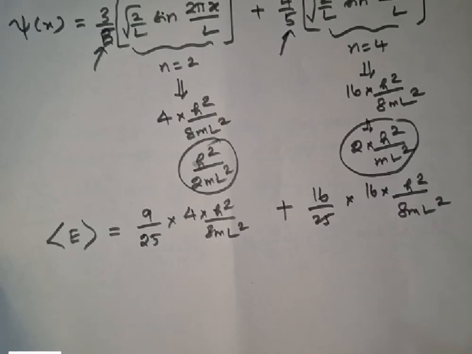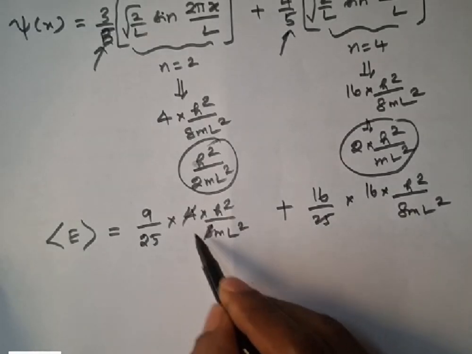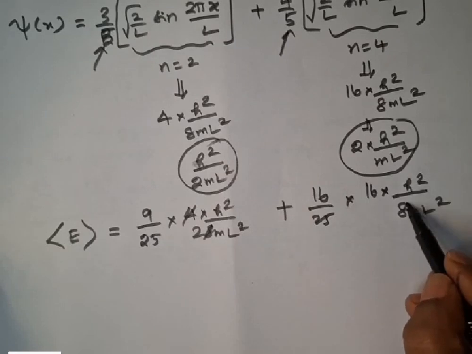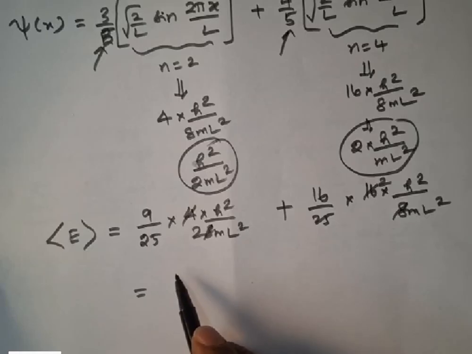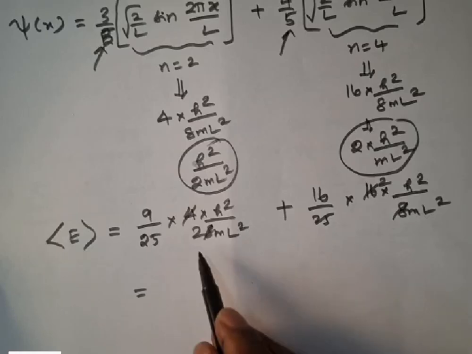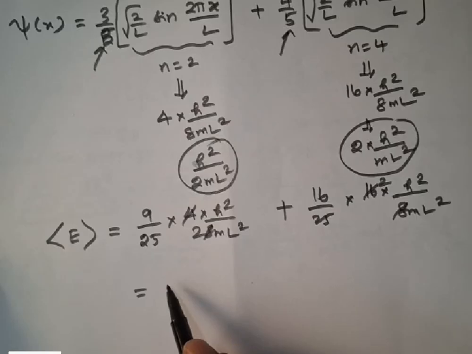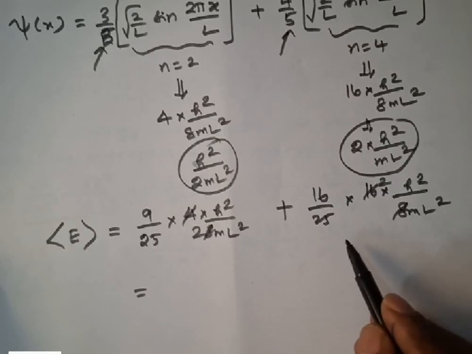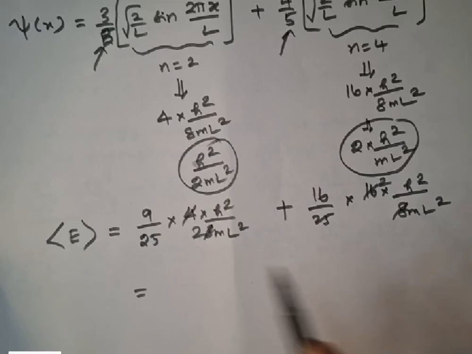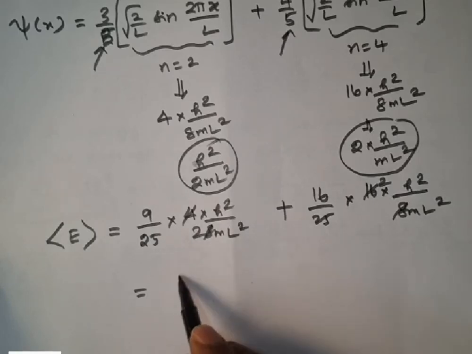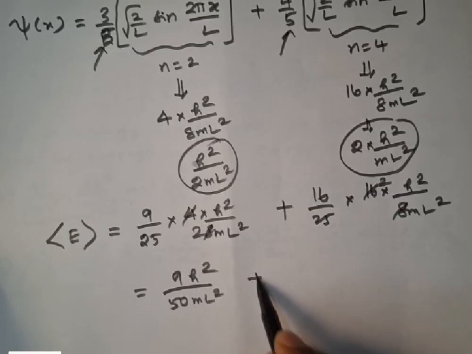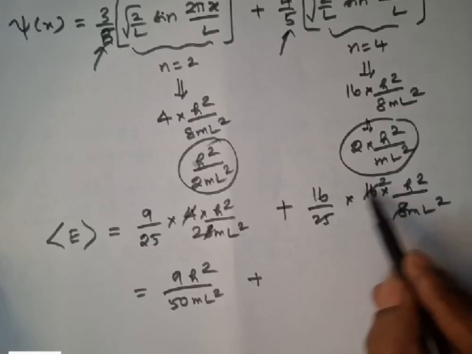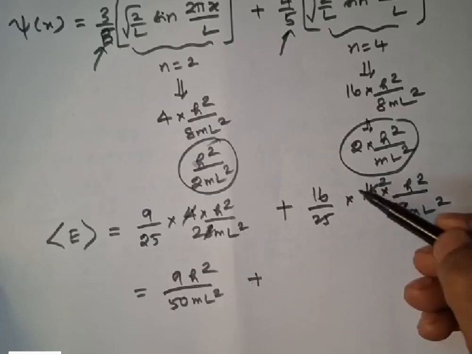Now we have to simplify this. 1 4s are 4, 2 4s are 8. Here 1 8s are 8, 2 8s are 16. So if you multiply these two, I'll get 50. So 9 h square by 50 ml square plus, here we have 16 into 2 is 32. I'll multiply numerator and denominator by 2.